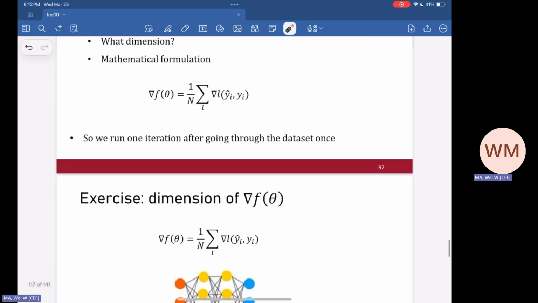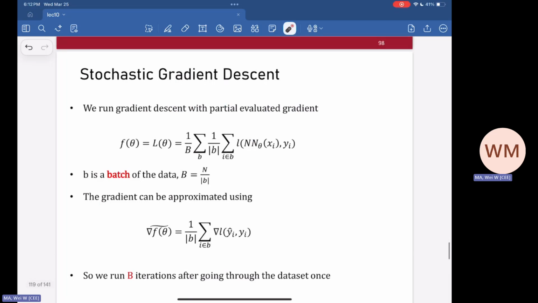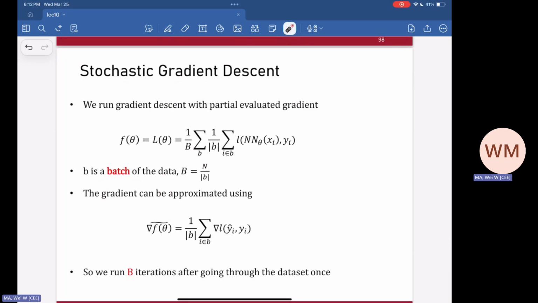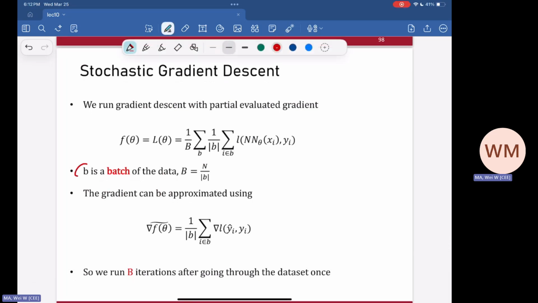This is not very efficient. So people came up with a new idea: you don't use all the data each time. For example, you have the whole data set of size n, and you partition it into different batches. Every time you only take a batch of the data and calculate the gradient for this batch.